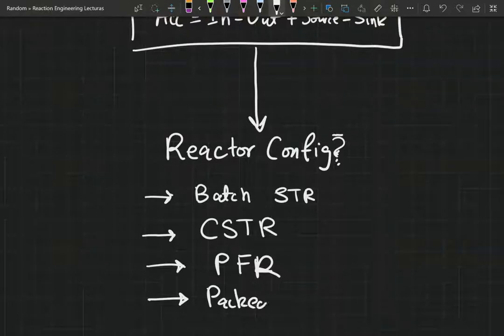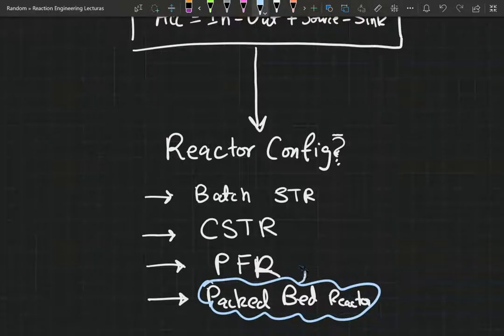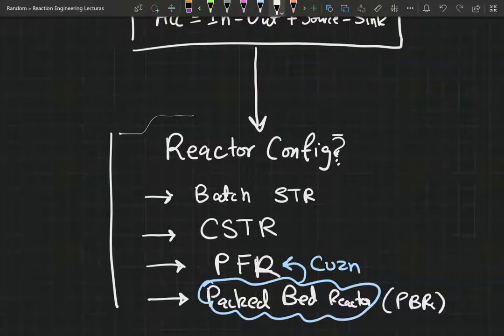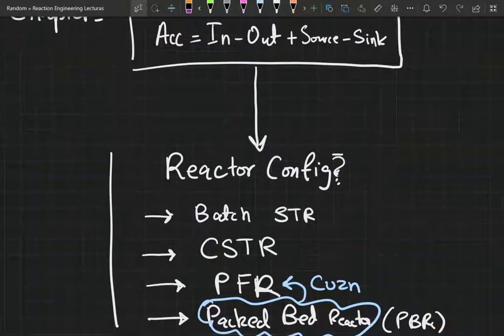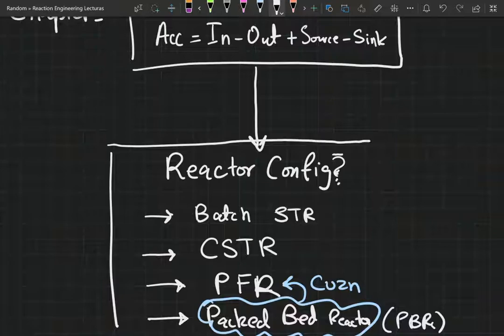We haven't talked about the packed bed reactor before, but just to give you a little preview, the packed bed is just a cousin of a PFR. If you know how to deal with PFRs, you can easily deal with packed bed reactors, also known as PBRs. So that's our second step: what sort of reactor? My tablet is not being very kind today. I'm sorry.